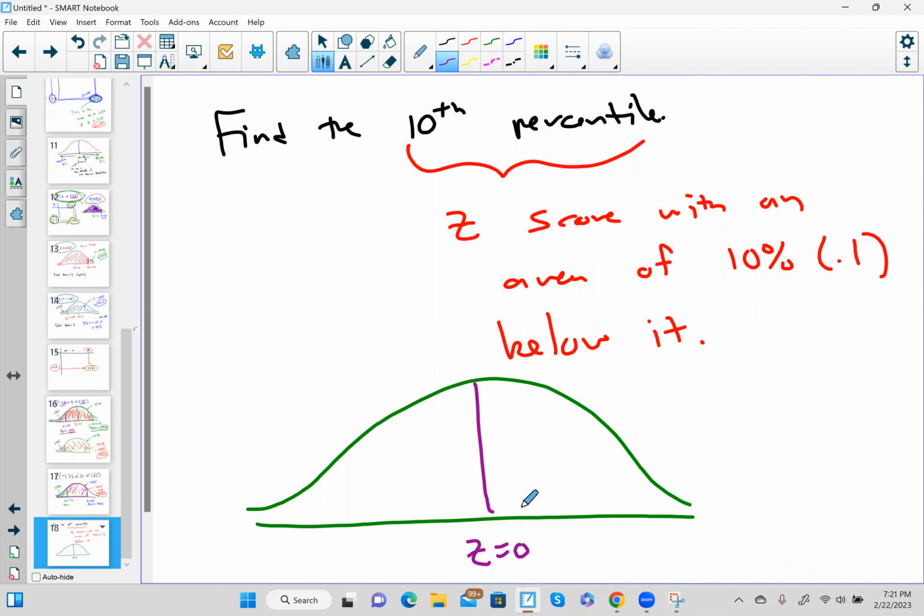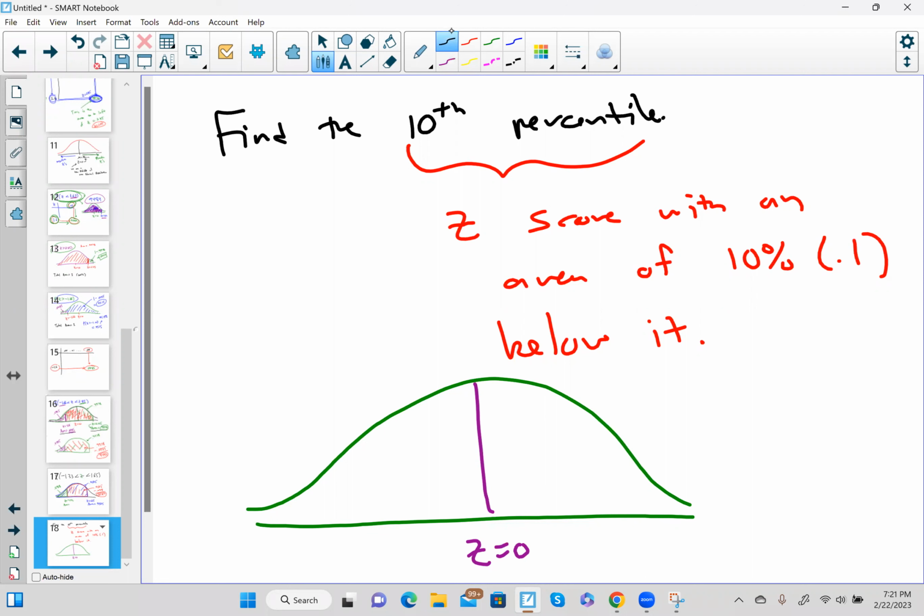You don't have to answer out loud, just think it to yourself for a moment. If z equals 0 corresponds to the mean, or the middle of the data, what percent of the data would be below z equals 0? Hopefully you're thinking, oh, 0.5, right? Because that's true. 0.5 of the area is below z equals 0.